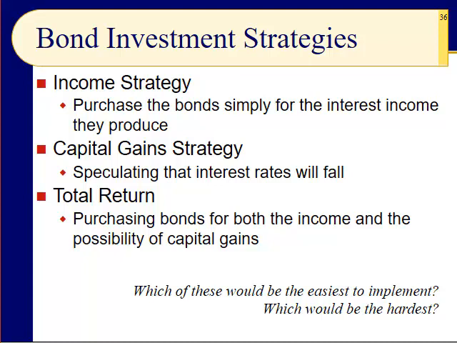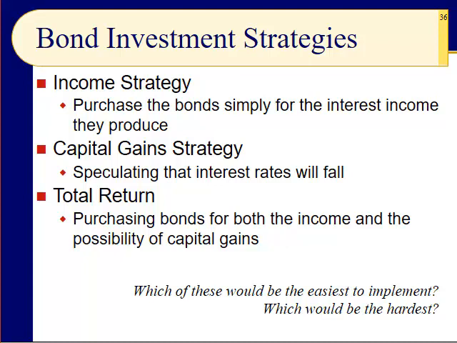Where we take a more speculative strategy where we speculate that interest rates will fall. And as we've said in the past, there are people who are paid tremendous sums of money to incorrectly predict where interest rates are going to go. And then the combination of the two, total return, purchasing bonds for both the income and the possibility of capital gains.